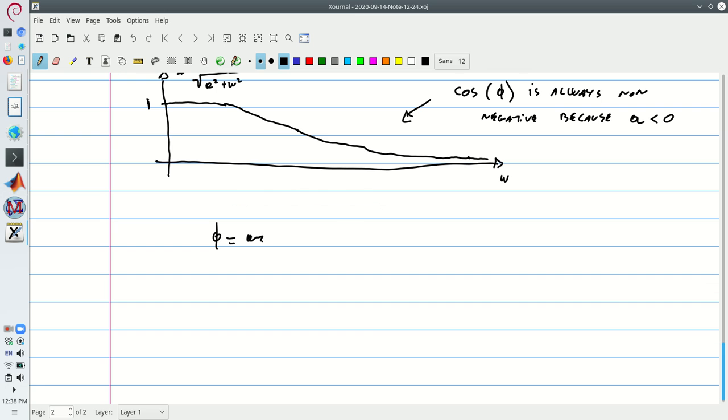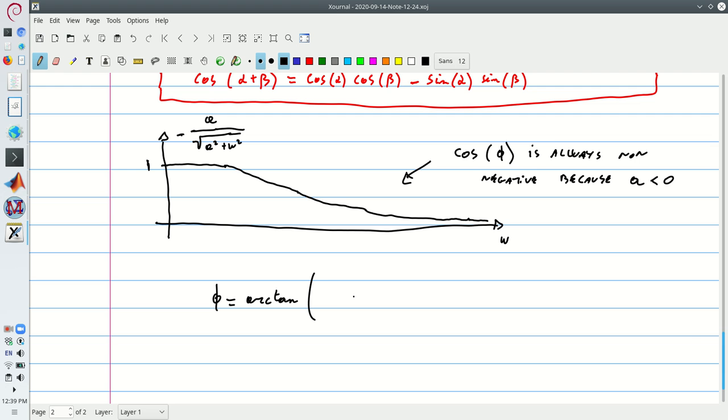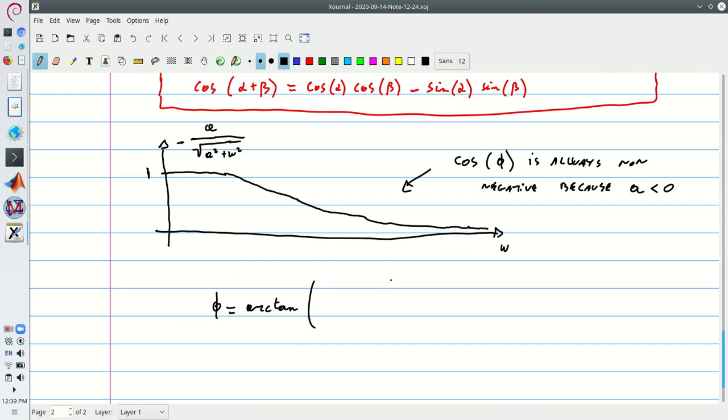If this is our minus sign, this is our cosine, and since the cosine is positive, I can compute this by taking the arctan of, and I now need the tangent of phi.